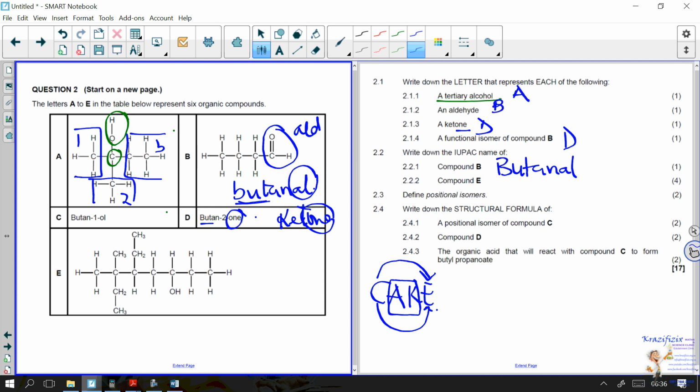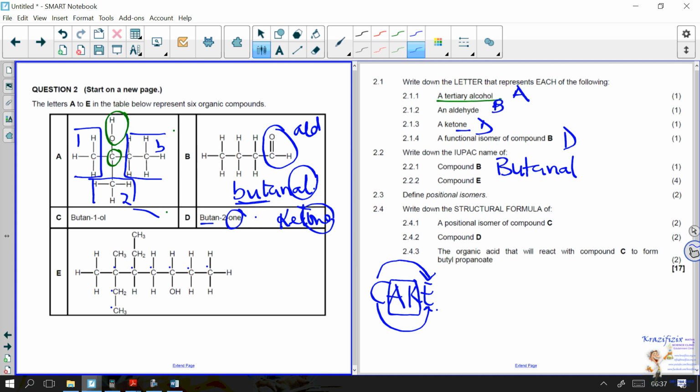Is there another one? I see one here. 1, 2, 3, 4, 5, 6, 7, 8. Okay, that seems longer now. Let's check through. Do you think there could be a longer one? 1, 2, 3, 4, 5, 6, 7. So the longest one here is 8. 1, 2, 3, 4, 5, 6, 7, 8. That's my longest chain.